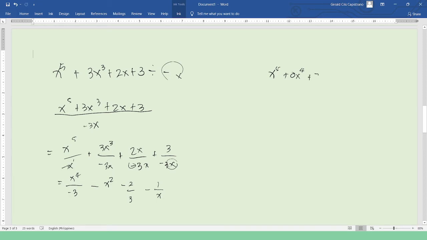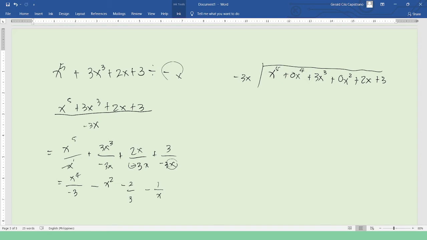Then, sulat natin yung kasunod. So, we have 3x cubed. Then, we'll have there 0x squared plus 2x plus 3. Okay? Then, we need to divide that by negative 3x. Okay?